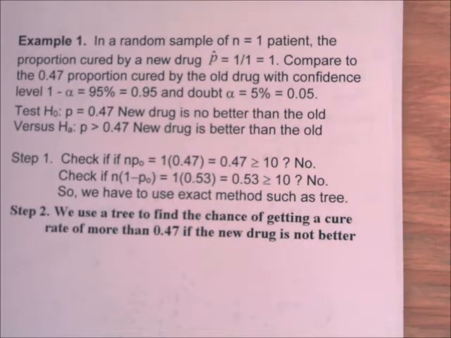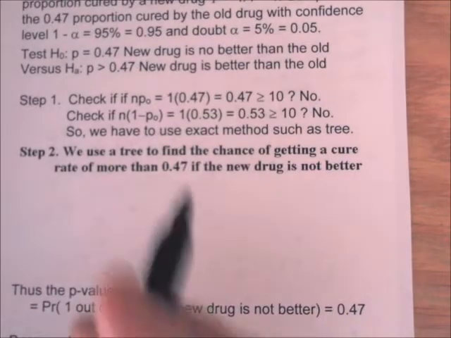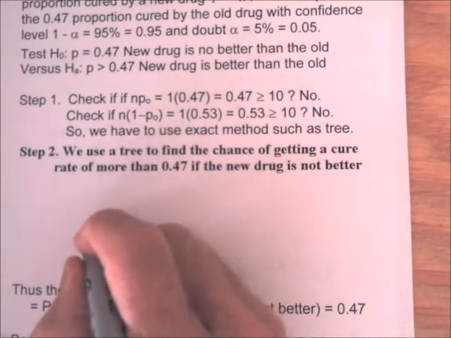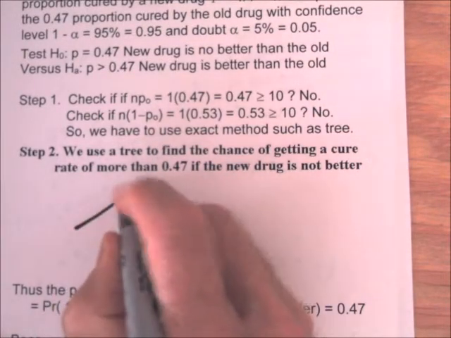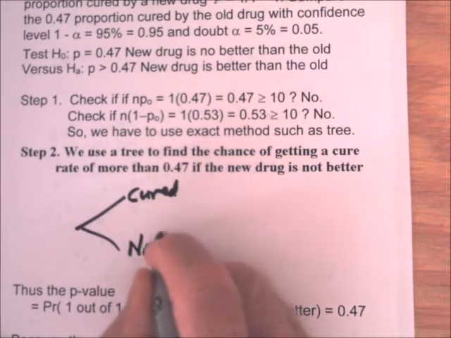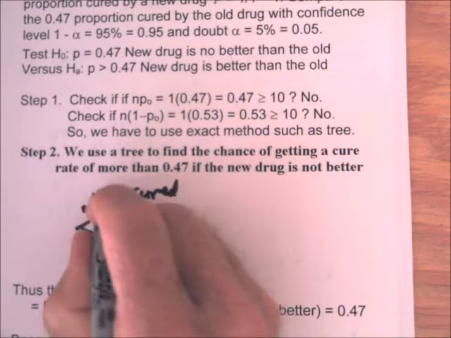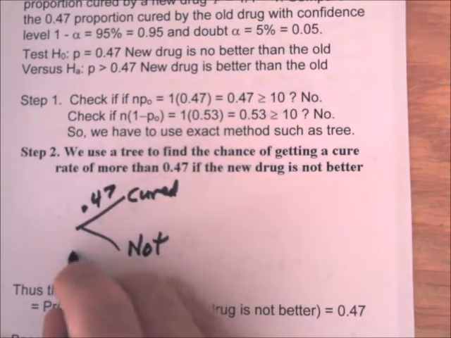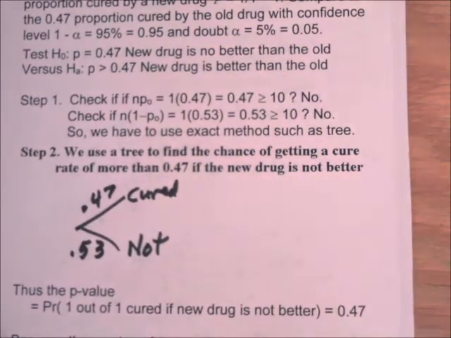So that means we have to use an exact method, such as a tree. This tree is not going to have a lot of paths because our sample size is 1. So either the patient is cured or is not cured. And there's a 0.47 chance of being cured, 0.53 chance of not being cured.